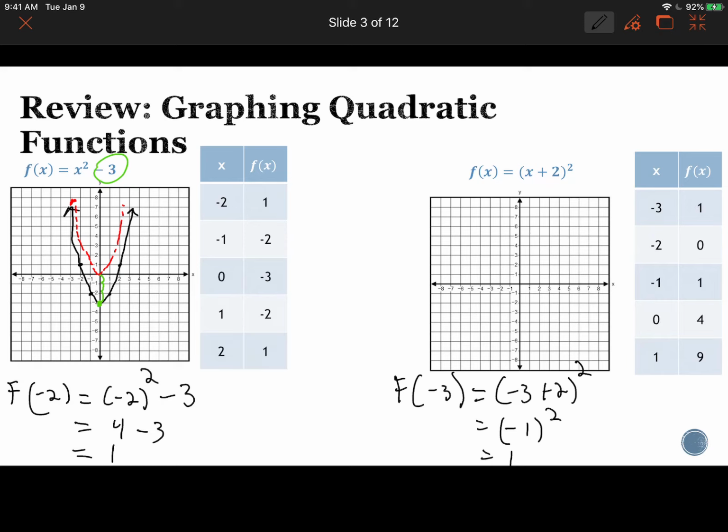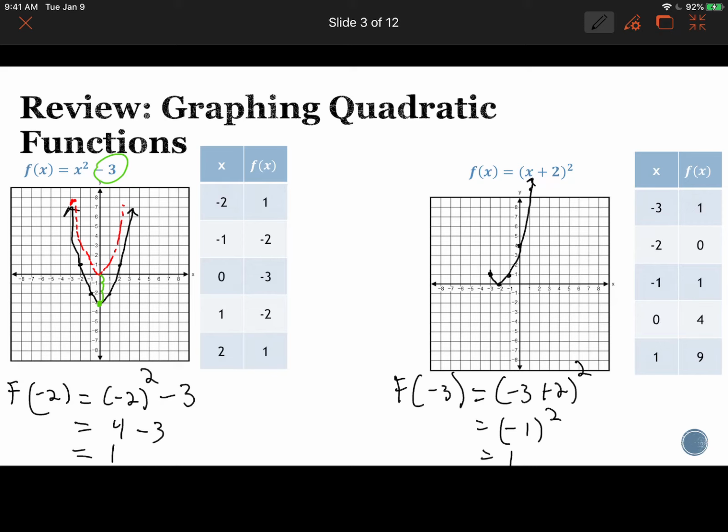So just like the last three, I'm going to go ahead and plot these points. -3, 1, -2, 0, -1, 1, 0, 4, and 1, 9. Just a little over. So I'm going to connect my dots.